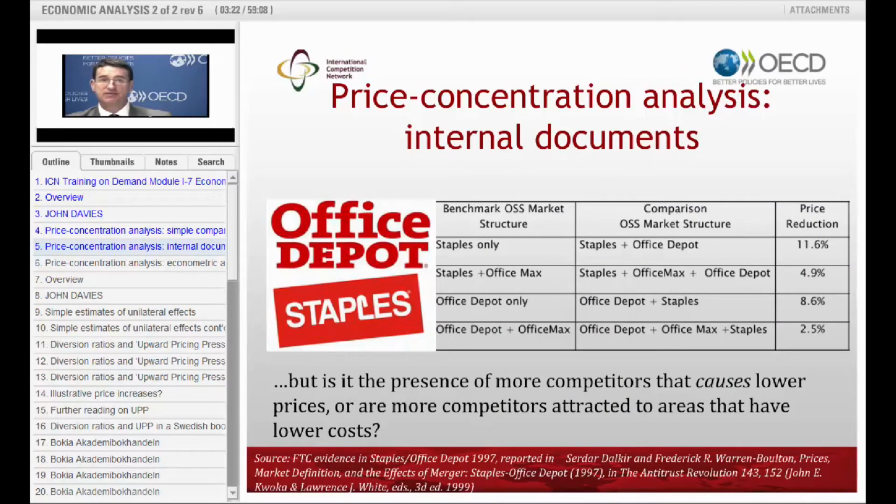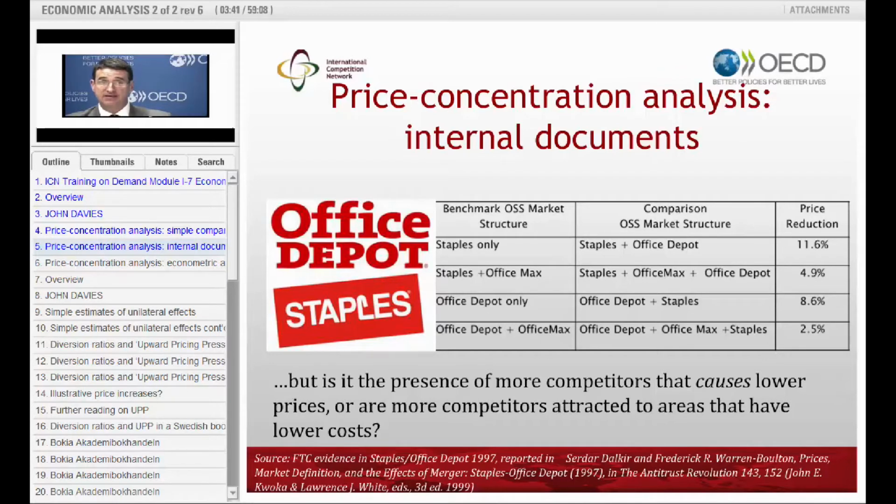Similarly, the FTC presented internal documents from Staples showing how its prices differed according to the presence or absence of the 2 competing office supplies superstores, OSSs, as I show here. Staples' pricing policy differed according to which of the chains it faced.